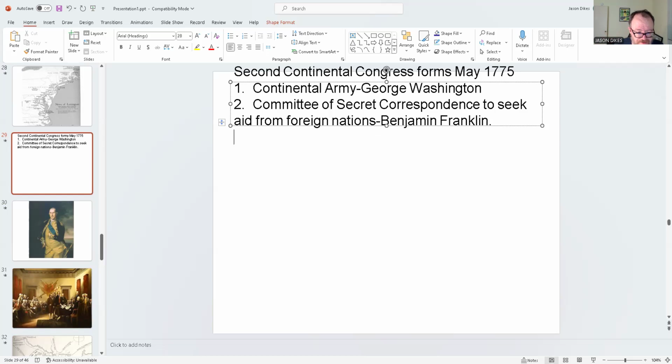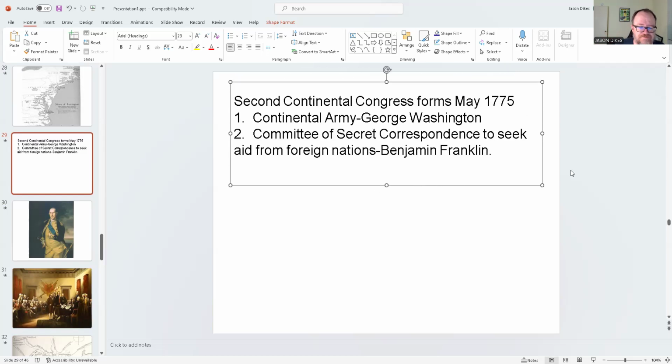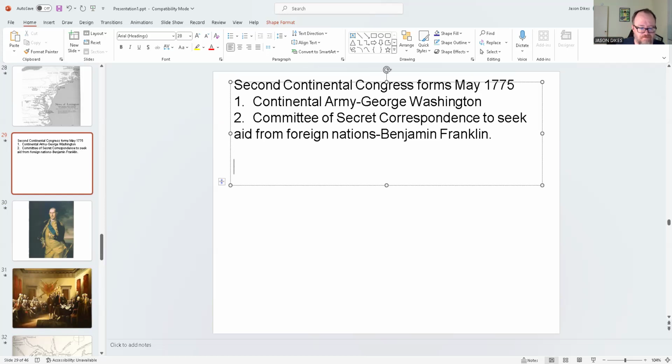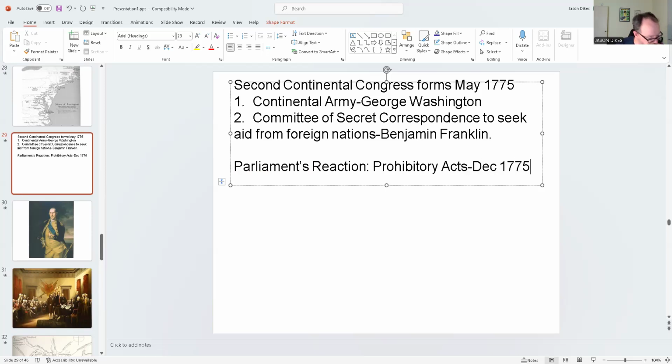Parliament's reaction upon hearing about Lexington and Concord is to pass what are called the Prohibitory Acts. And this is about December of 1775 when this goes into effect.